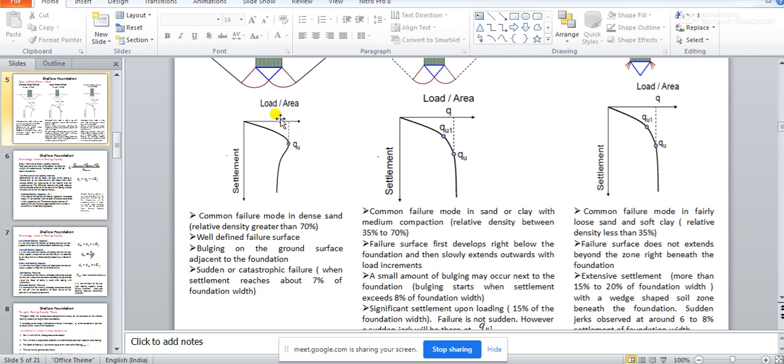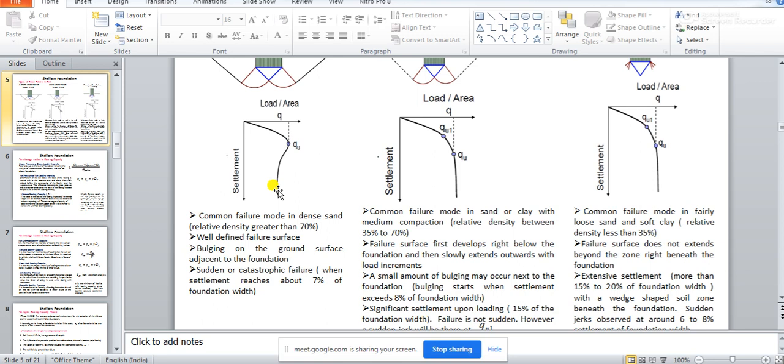However, if you increase any amount of load per area, there will be sudden settlement. After this qu region there is sudden settlement of the soil, and this kind of failure is defined as general shear failure, as defined by Terzaghi.